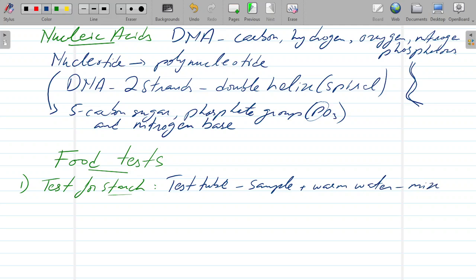It will form a suspension, and then you add about 3 to 4 drops of iodine solution.